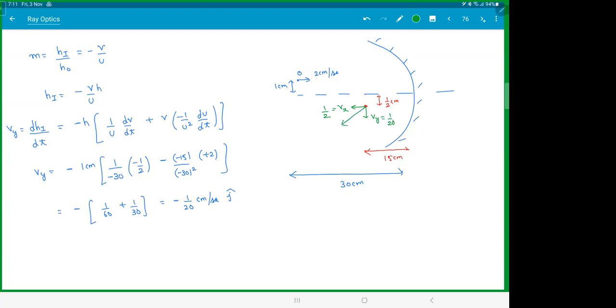This is the velocity. Check. So velocity of the image with respect to the ground is minus half i cap minus 1 by 20. Check. So you have to differentiate the height so that you get the rate of change of y coordinate, the velocity.